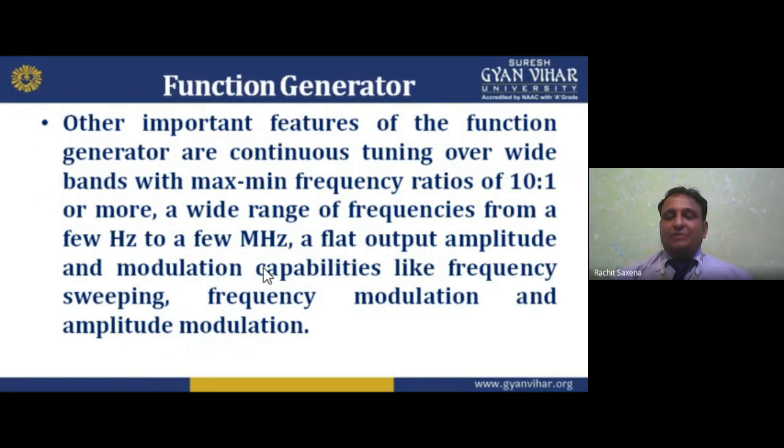For example, if I'm talking about 50 hertz, we can go to 500 hertz, 10:1, or more, whichever range you want. A wide range of frequency from a few hertz to a few megahertz, for example, 5 hertz to 5 megahertz.